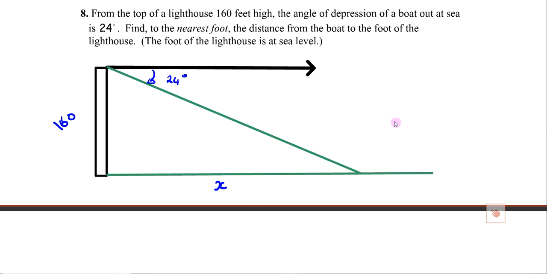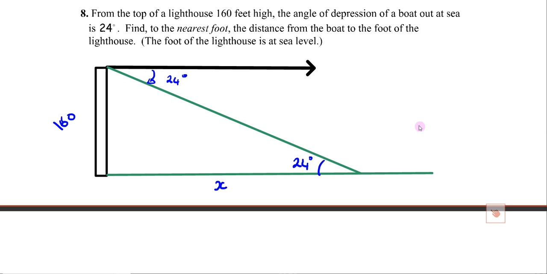So we're looking at that distance. We've got to find one of the angles in the triangle. We could actually make the triangle up here, but it makes more sense to say that one is also 24 degrees. So the angle of depression is the same as the angle of elevation from the other end.